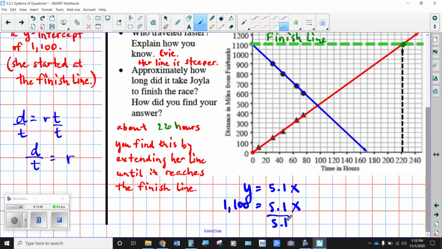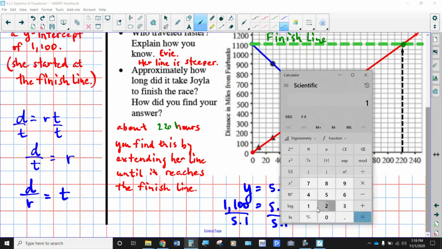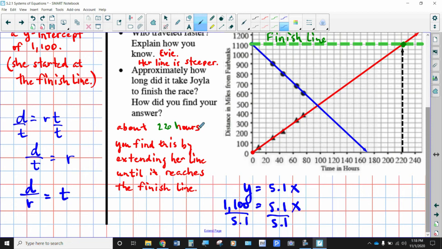If I take her average rate of speed and divide the distance by that rate of speed, I should get the time, right? So that brings us back over to here, where if you take the distance divided by the rate of speed, that will tell you how much time it should take. So what is 1,100 divided by 5.1? It actually is 215, so I'm glad I didn't say 230.